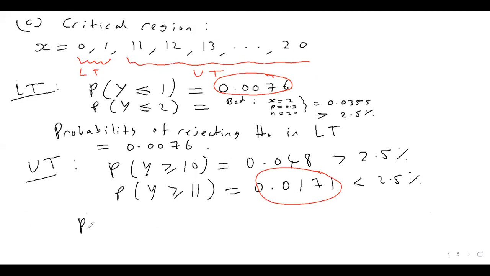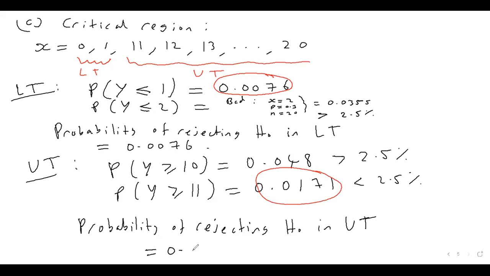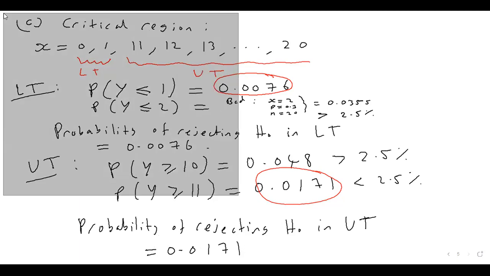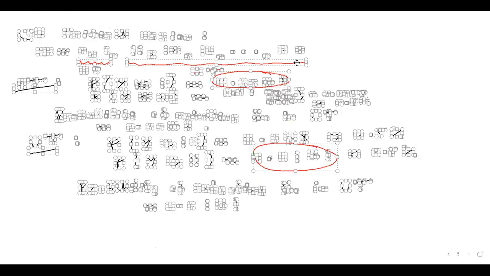So the probability of rejecting H0 in the upper tail is not 2.5%, even though we're dedicating 2.5% to the upper tail. It's actually 0.0171.